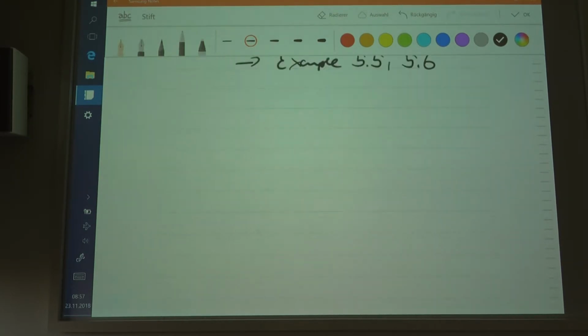Now let's continue with the next chapter, and this is also a very important chapter. This is chapter number 6, and it's about conditional heteroskedasticity.